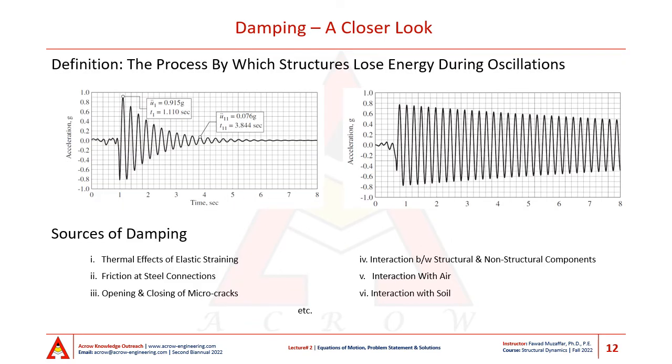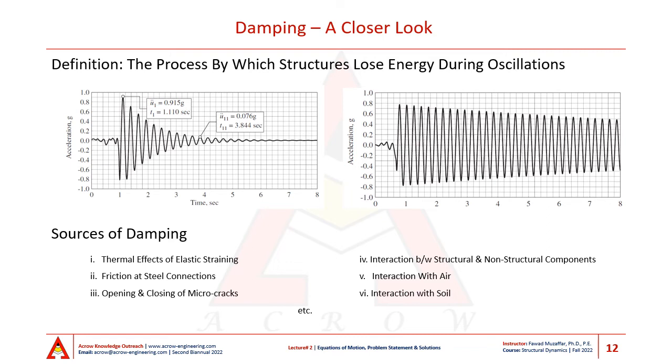Next, let's consider another component of the mass trolley system, which is damping. So what is damping? Previously I had shown you a plot a couple of slides ago, where we had a freely vibrating system without any damping, and the solution of the mathematical equation tells us that the system will continue to oscillate forever.